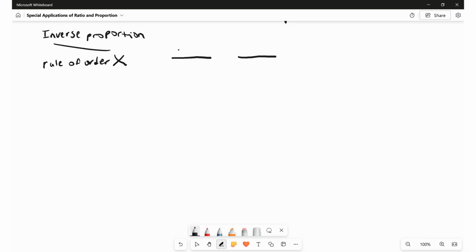That if we put, say, A on top, A needs to stay on top, B, B. Okay. This right here, this is for direct proportions. This is for when either both things are increasing or both things are decreasing. But in the case where one thing is increasing and one thing is decreasing, we need to flip the things. Okay.